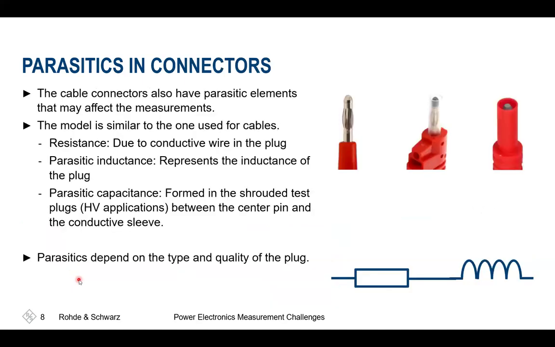Not only the cables have parasitics, also the connectors themselves. So we'll see different variants of the banana plugs, so with 4mm connectors here. And of course, the mechanical dimensions are somehow fixed, but in dependency of how well they are manufactured, these will also have effects and differences in their connections by just exchanging some cables.